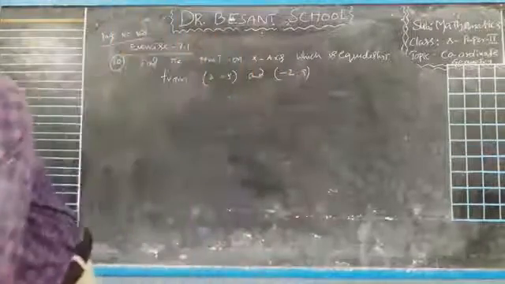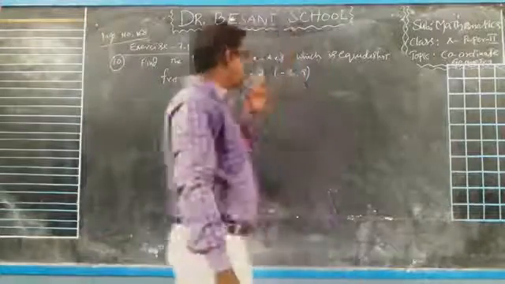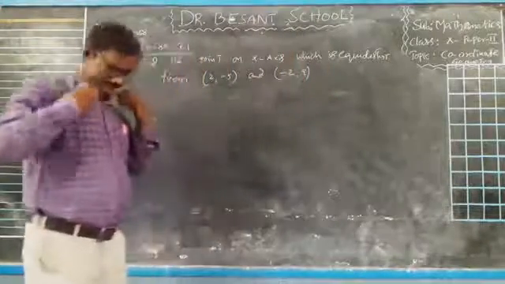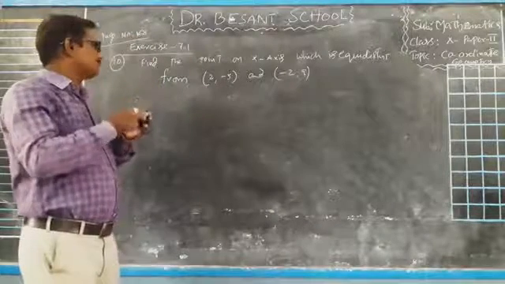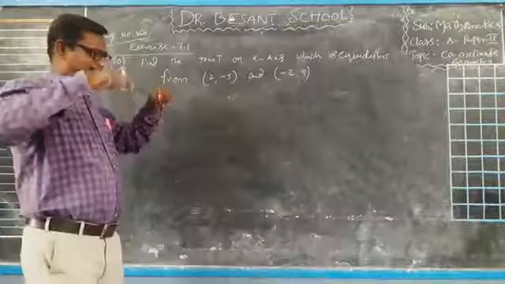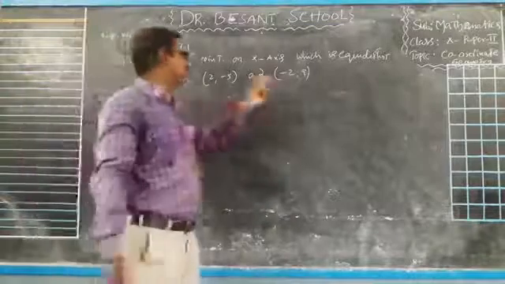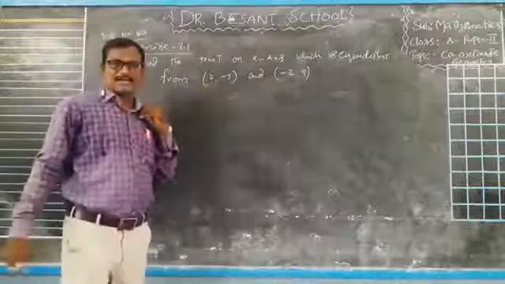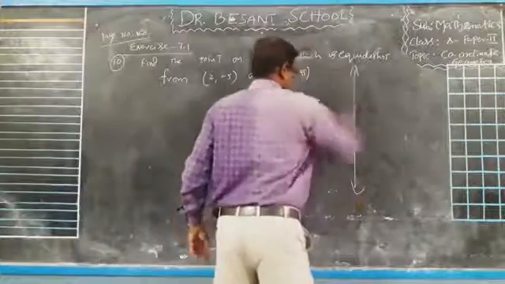Okay. Children, verify what is the meaning of this problem. What is the point on x-axis which is equidistant from (2, -5) and (-2, 9)? Once verify the meaning of this problem.